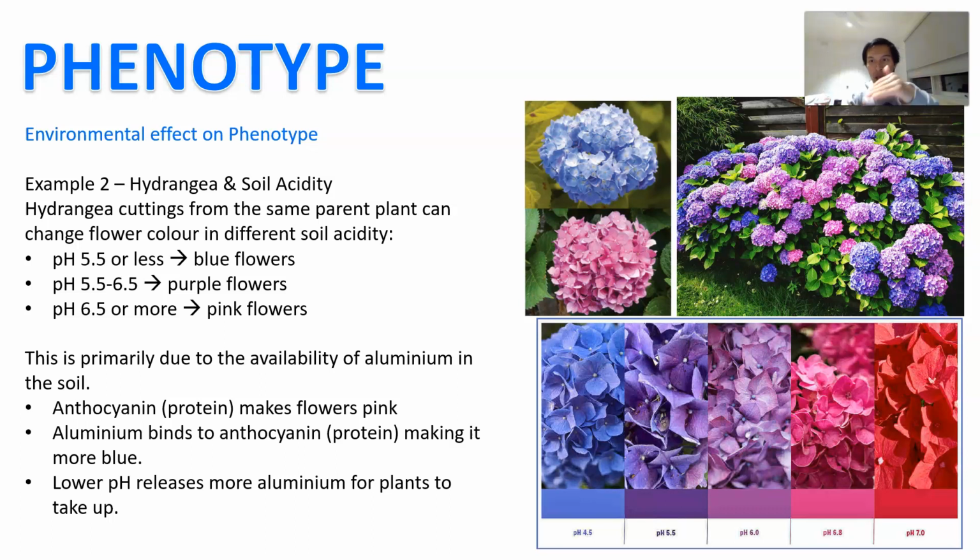The binding of the aluminium to that protein makes it blue. Lower pH levels means that more of the aluminium is exposed to the plant. And so low pH soil means the plant can take up more aluminium from the soil, and then that aluminium binds to the protein and makes it go blue. So you can see there, low pH, more blue, high pH, more red.